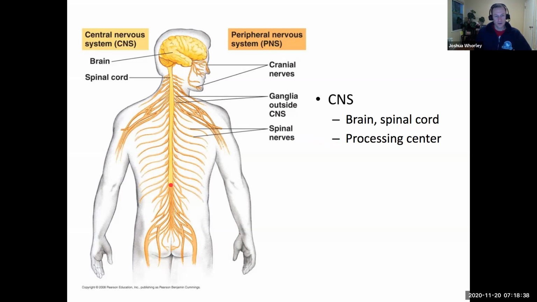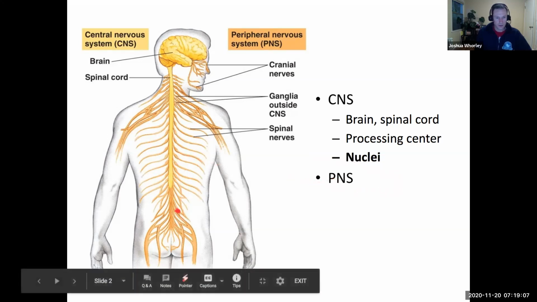And we're going to talk later about some really simple processing that goes on just in the spinal cord and actually doesn't involve the brain at all, although the brain typically does hear about it later. There is also complex processing that goes on, and that happens in the brain. And the clusters of interacting cells that we find in spinal cord and brain are called nuclei.